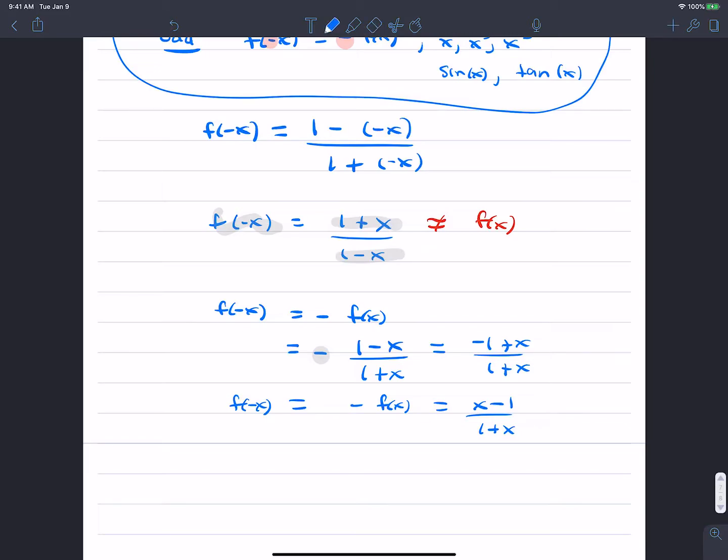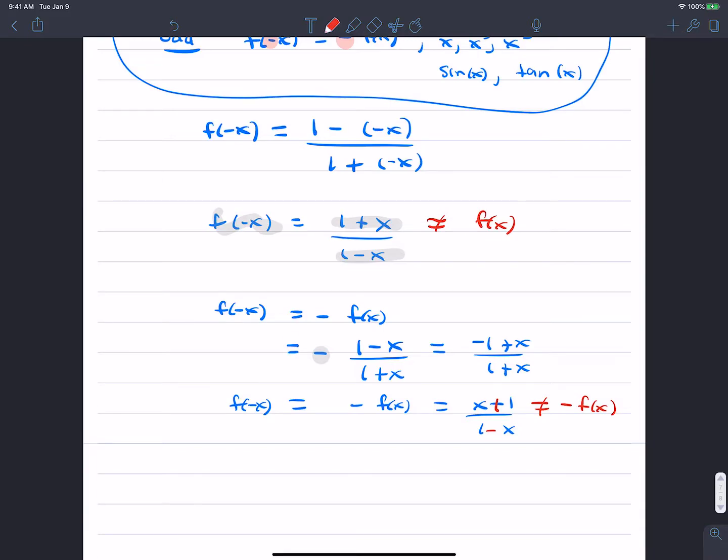So I want to say here that this so far looks like it's what? That it's not equal to minus f of x. If we put the negative sign at the bottom, that makes this positive, and then that makes this sign going to be what? Negative. And so this is f of minus x, and it's not the same as minus f of x here. Okay?